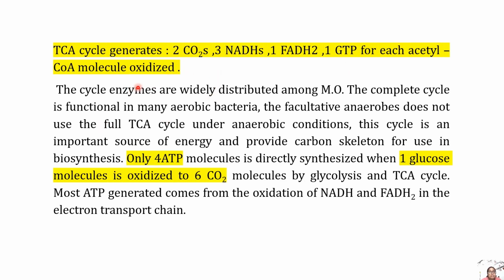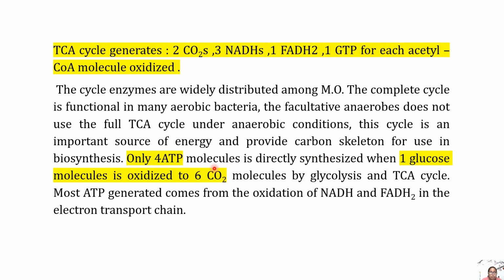The cycle enzymes are widely distributed among organisms. The complete cycle is functional in many aerobic bacteria. The facultative anaerobes do not use the full TCA cycle under anaerobic conditions, and this cycle is an important source of energy and provides carbon skeletons for use in biosynthesis.